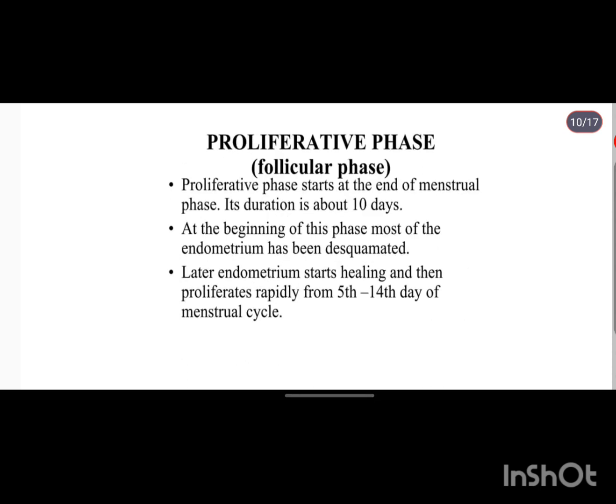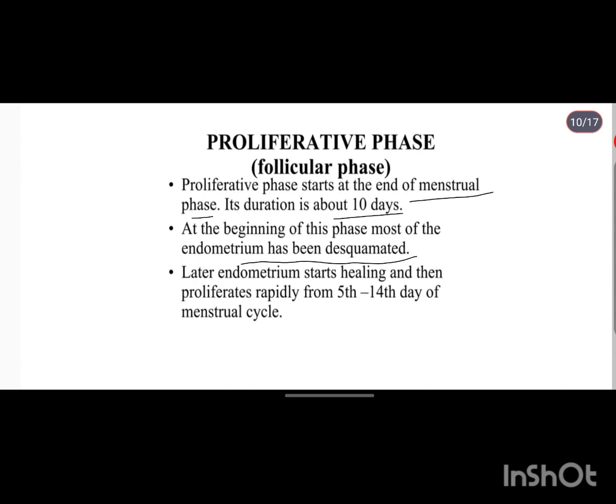Next is the proliferative phase. In the proliferative phase, this usually starts at the end of the menstrual phase, and its duration is about 10 days. At the beginning of this phase, the endometrium has been desquamated. You already know that it was desquamated in the earlier stage.